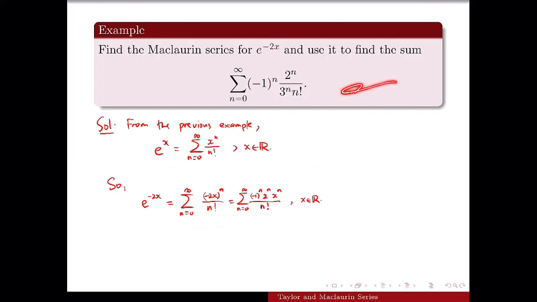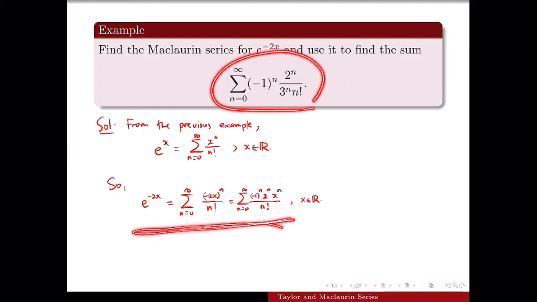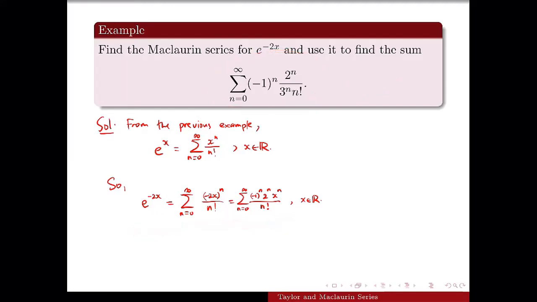According to the problem, we use this to find the actual sum of this. And look at this guy here. You have negative 1 to the n in here. You got 2 to the n, there's 2 to the n in here. You got n factorial here, you have n factorial here.